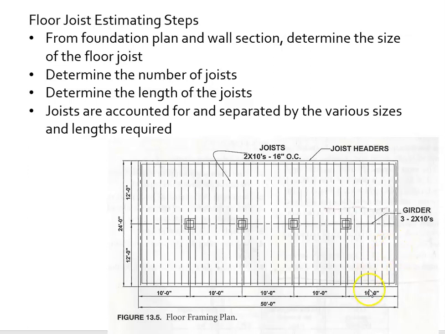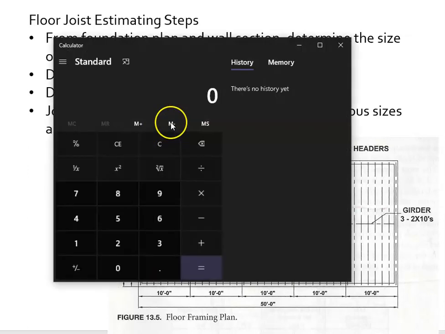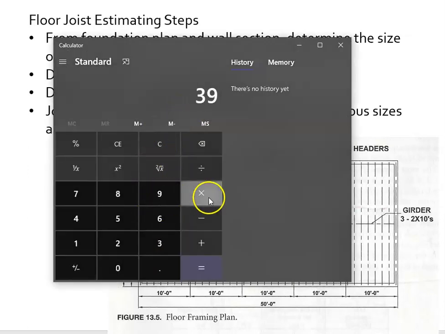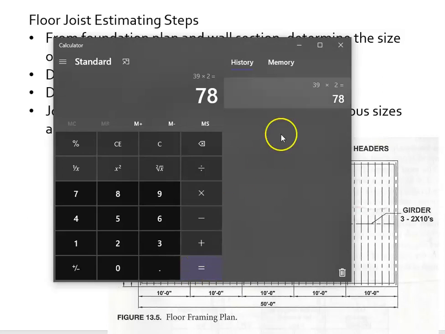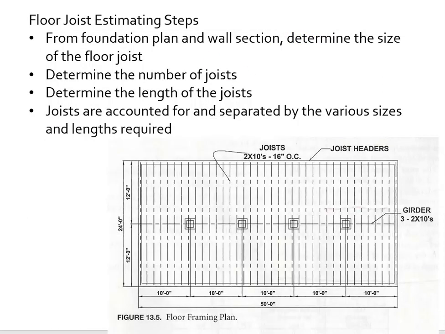And these joists only reach to here. So it's 39 up here and 39 down here. I closed my calculator, but 39 times 2 is 78 joists.